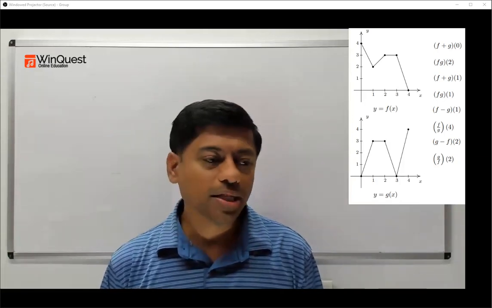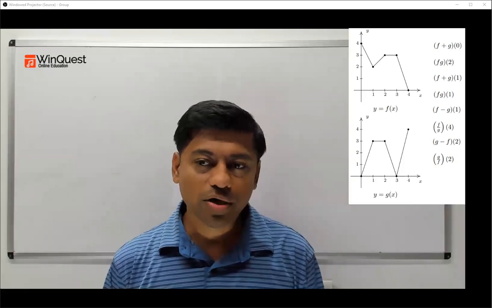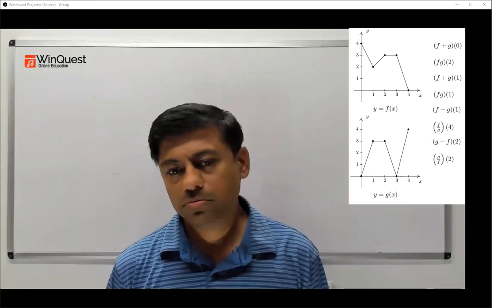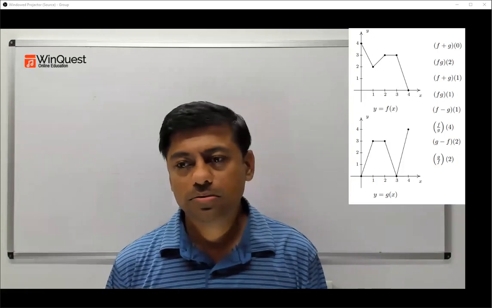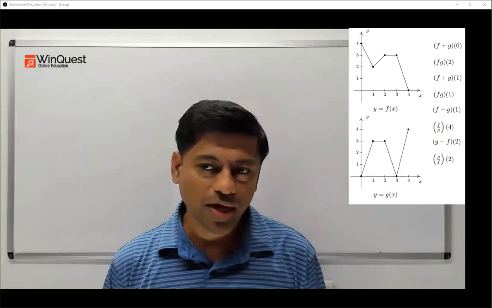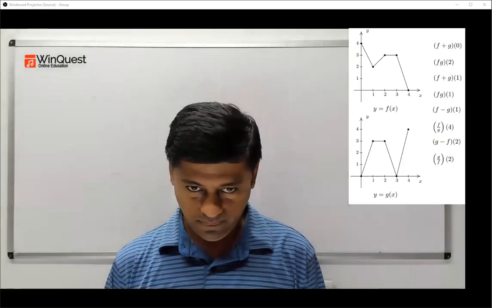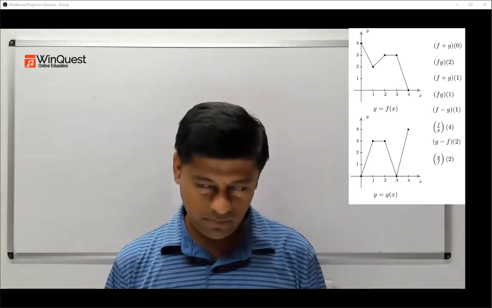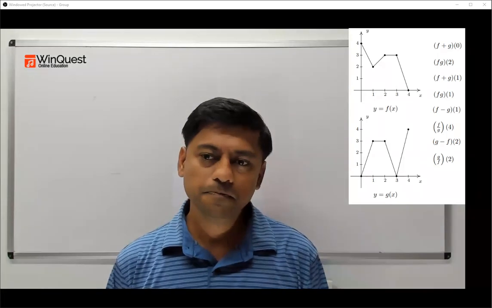Okay. So Aradhana, let's focus on f g of 1. It is the fourth one. Can you tell me if you have some direction on that one? Well, I would look at both of the graphs and go to x equals 1.